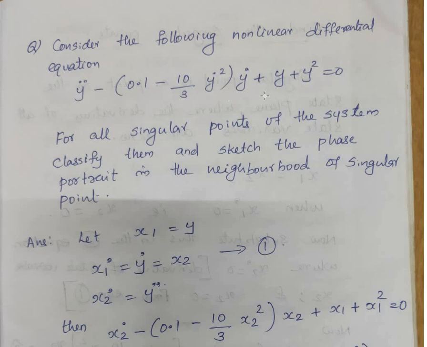So, substitute these variables in the system dynamic equation. Now, if we substitute that, we can rewrite it as x2 dot minus (0.1 minus 10 by 3 x2 square) into x2 plus x1 square is equal to 0.